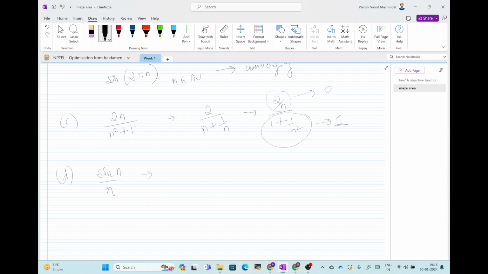How do you prove that? The numerator is going to be bounded between -1 and 1. The denominator is going to infinity, so a finite number divided by infinite. So it is bounded in some sense, and this n is going to infinity and it will squeeze.